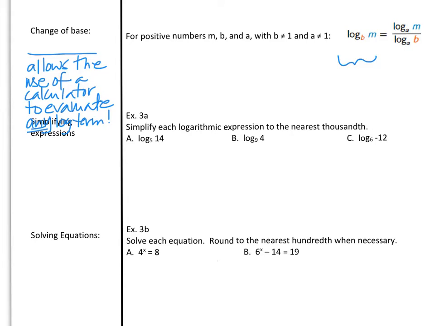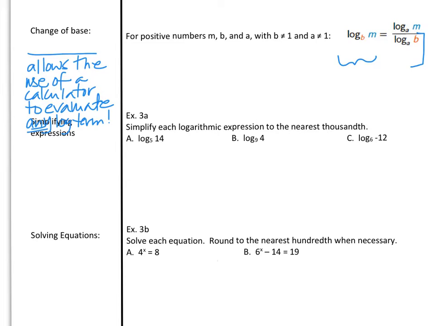What this allows us to do is rewrite that logarithmic expression as a fraction. And within that fraction, we're going to convert our a to base 10. Now, it works for any base, but if we utilize base 10, we can plug it into our calculator.